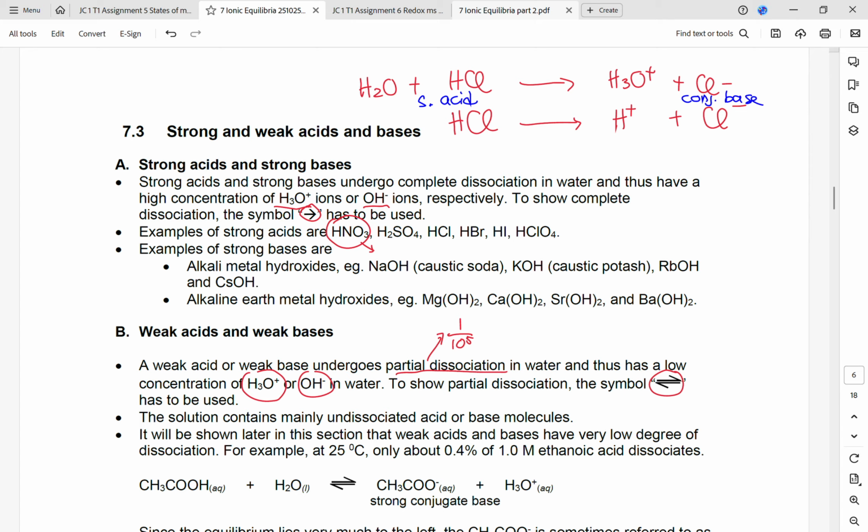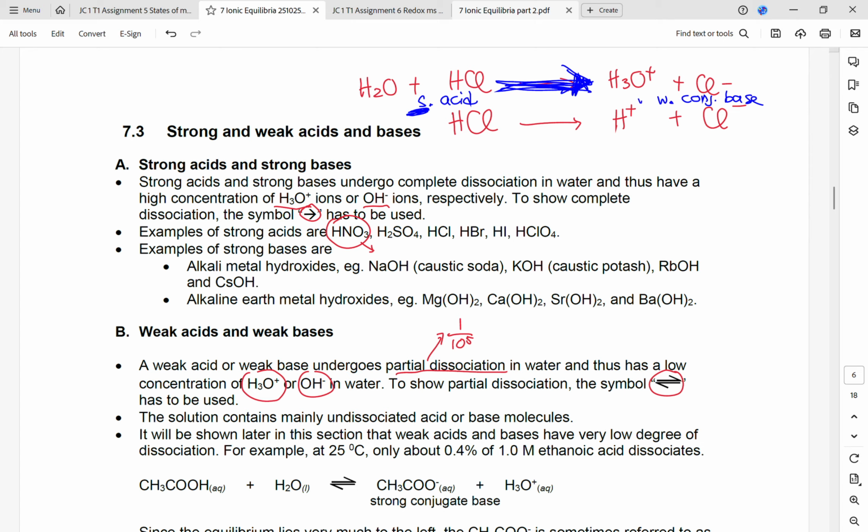Now, the acid is super strong, meaning this HCl really wants to go that way, to the right. Now, this conjugate base, what about it? Does it want to go to the left side at all? No, it doesn't want to. So this conjugate base is a super weak base.